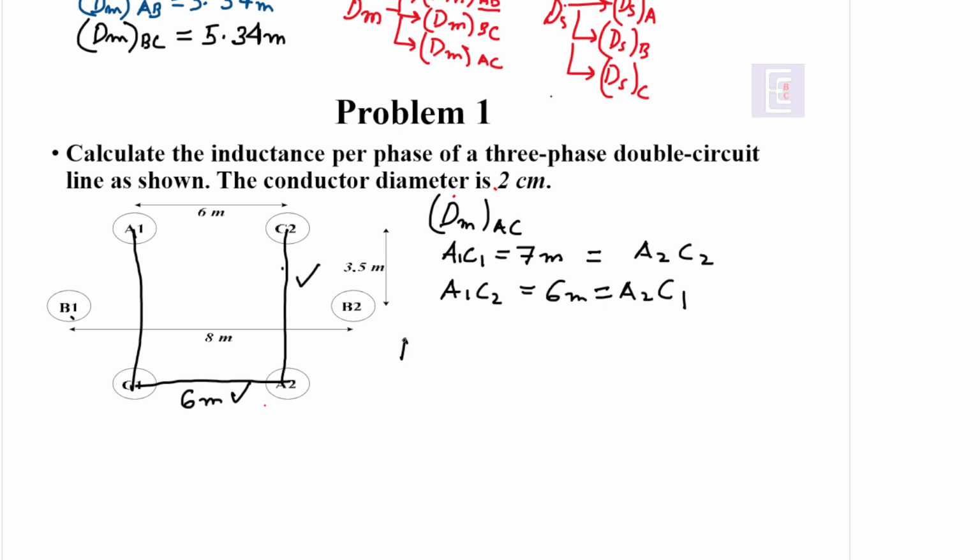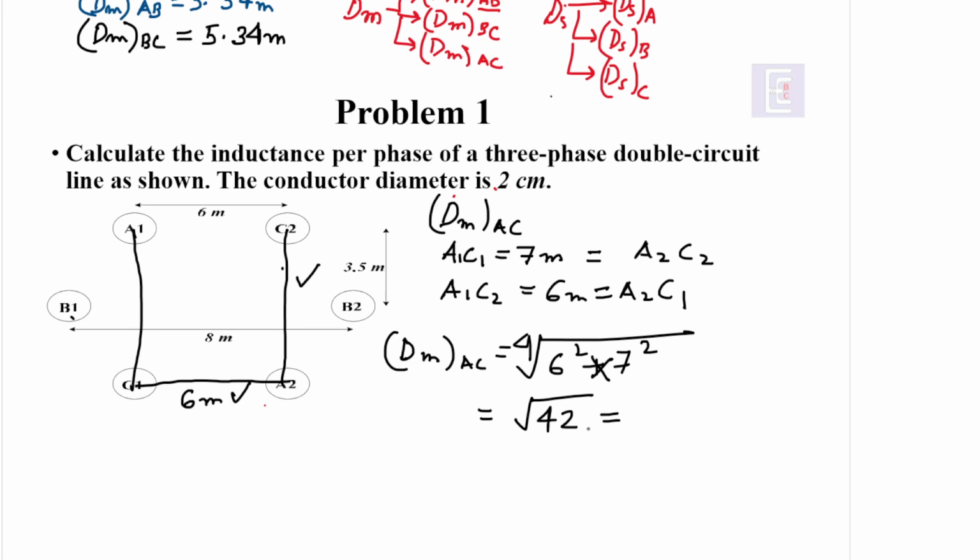So in this way, we can calculate DMAC. There are 4 terms, so we have the square root of 6 squared into 7 squared, which is the square root of 42, which is equal to 6.48 meter.